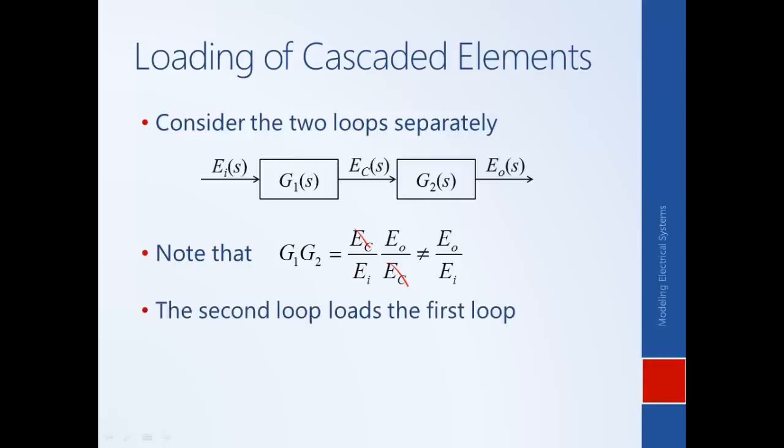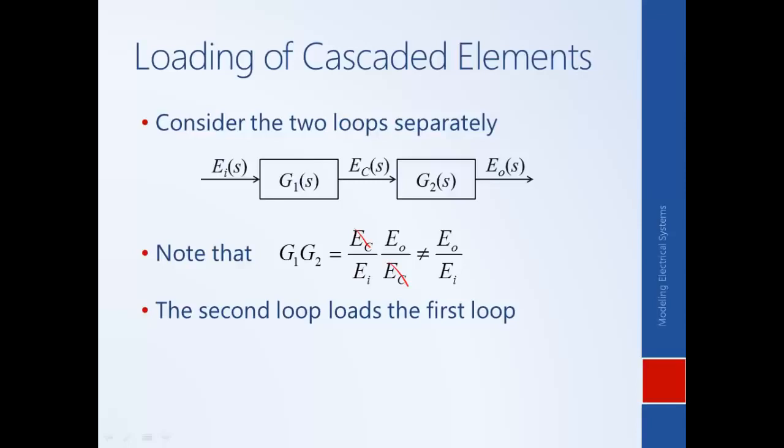And the reason is that in circuits, this second loop can load the first loop. In essence, the impedance of the second loop can affect the way that current flows and the dynamics of the first loop. A perhaps more intuitive way to think about this would be to think of two fluid systems in series, or two hydraulic systems in series, or even modeling the flow of traffic.